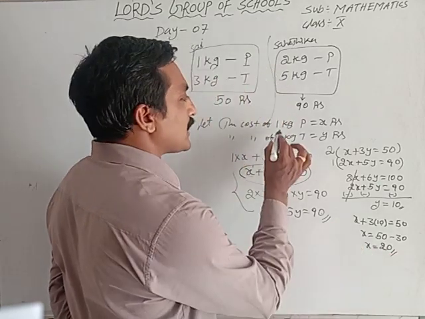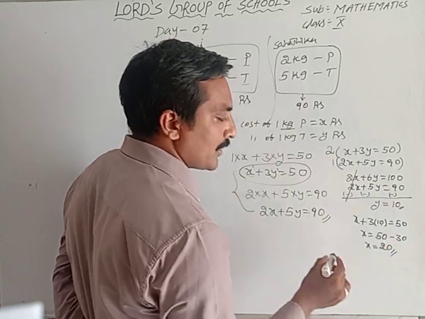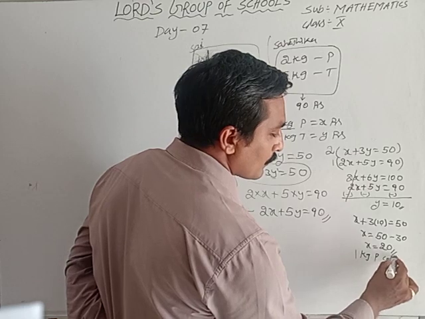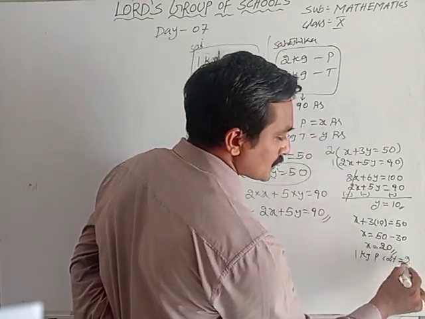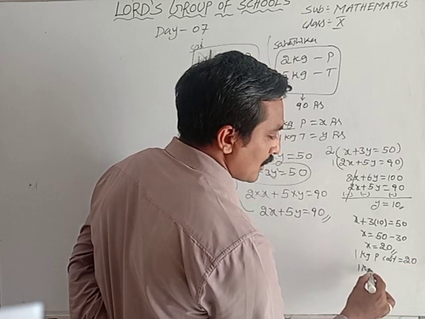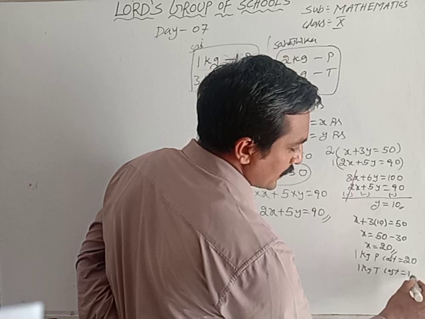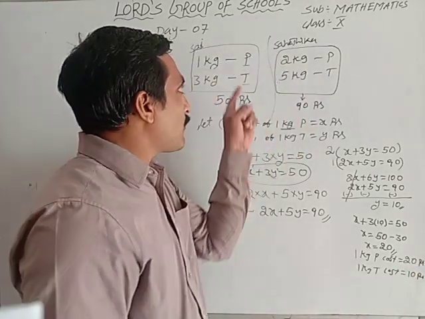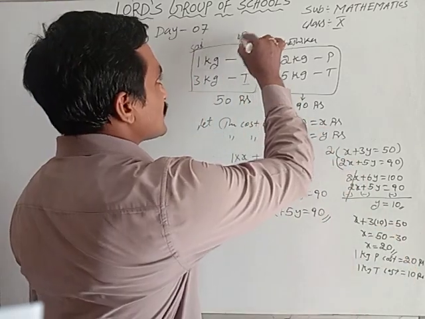Here x represents kg potato, y represents kg tomato. Means 1 kg potato costs 20 rupees, 1 kg tomato costs 10 rupees.